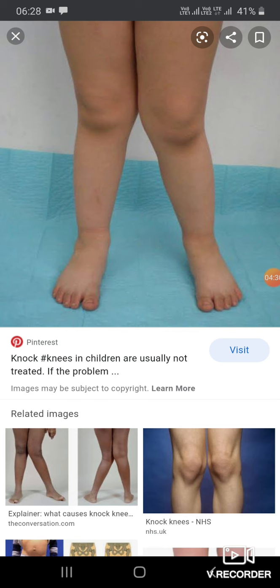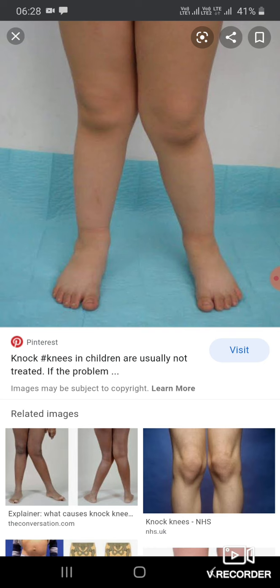Knock knee. You have to see in this picture, knock knee is that both of the knees touch each other, and if you are running, then your knees reflect to each other.